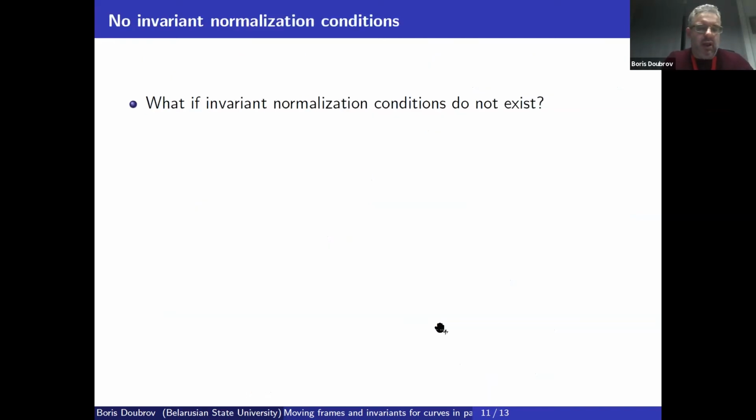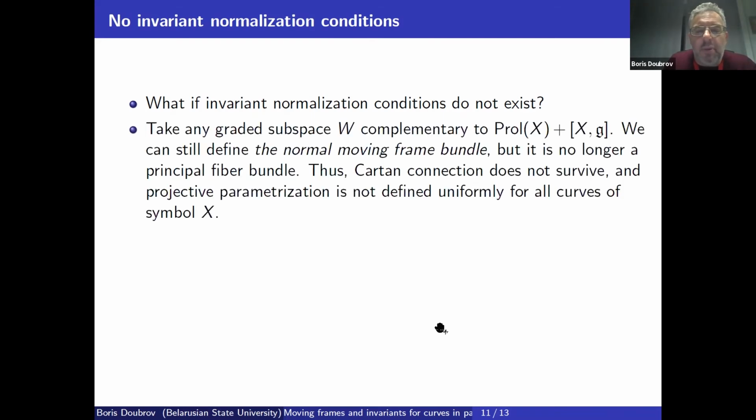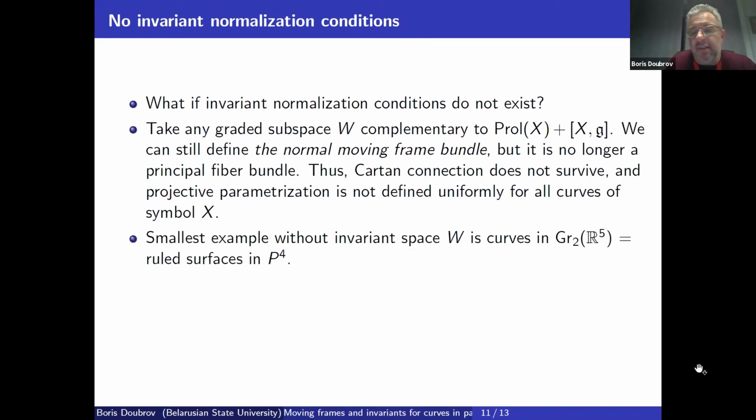So I will come to G2 examples where I'll show in a little more detail how it works. But first, what happens if you have no invariant normalization conditions, and do such examples exist? To my knowledge, the smallest example where such a case exists is this one. It's a Grassmannian of two-dimensional subspaces in R5.